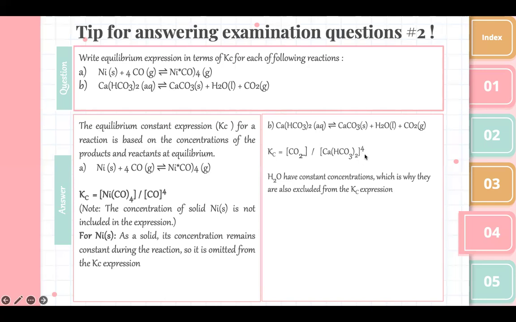For every mole of calcium bicarbonate that dissociates, it produces 1 mole of carbon dioxide. And since the formula for calcium bicarbonate is Ca(HCO3)2, there are 2 bicarbonate ions for each calcium ion. Thus, the concentration of calcium bicarbonate is raised to the 4 power because it includes both the calcium and the 2 bicarbonate ions.